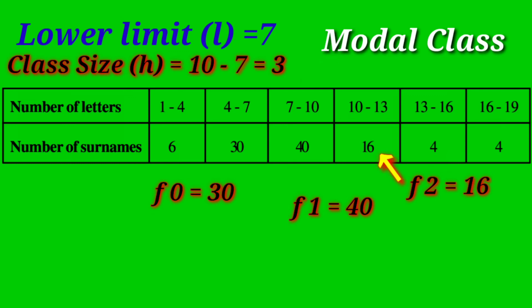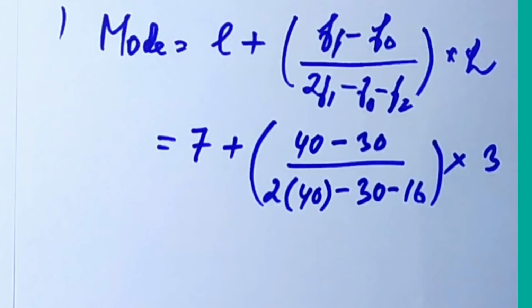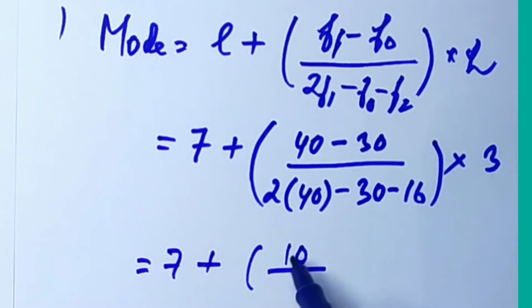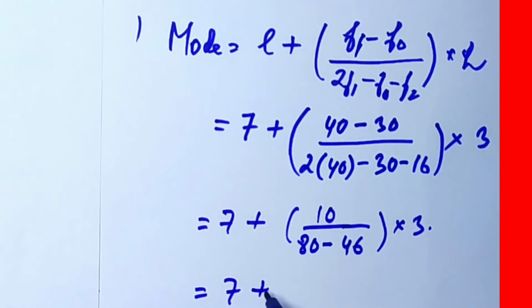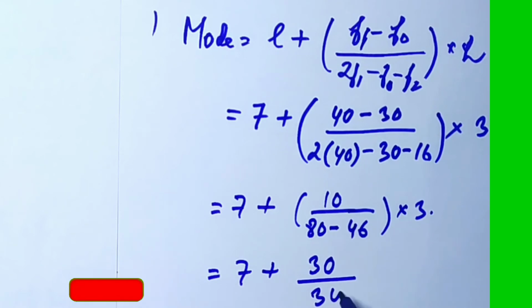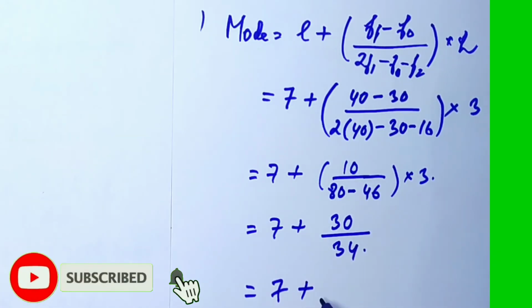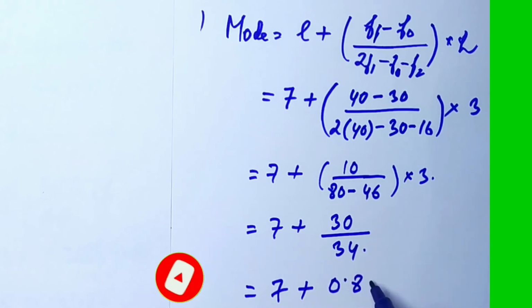Let us substitute this value and calculate the mode. Here we substituted the value. Let us calculate now. 7 plus 10 by 2 times 40 is 80 minus 46, into 3 is equal to 7 plus 30 divided by 34. After dividing it, we get 0.88.